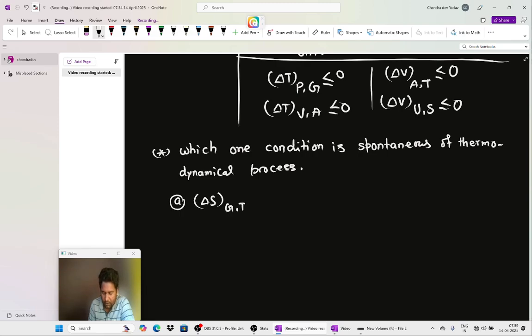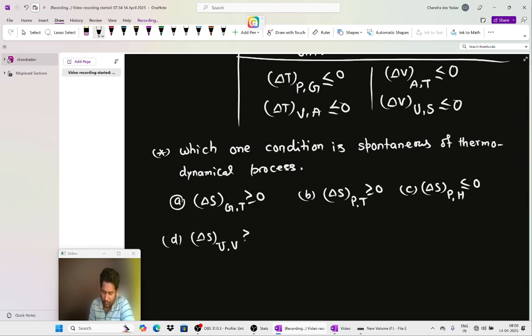Option: at constant G and T should be greater than 0. Entropy change at constant pressure and temperature greater than 0, or entropy change at constant pressure and enthalpy less than 0 or equal to 0. Entropy change at constant internal energy and volume greater than or equal to 0.